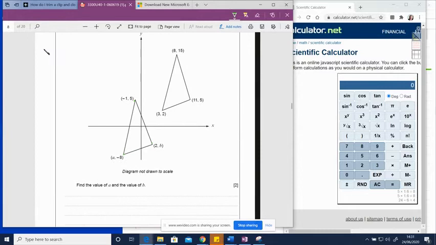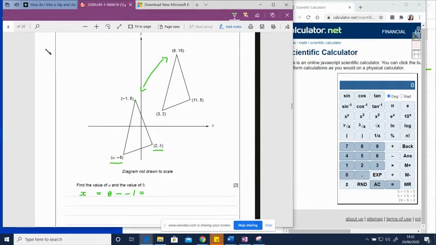It asks us to find the values of A and B. So first of all, A, it wants us to find the value of, and B. These are all coordinates. But we know the relationship between these two vertex. So to find the x coordinate of the first vertex, we take 8, the x value in the first vertex, minus 1, the x value in the second one.